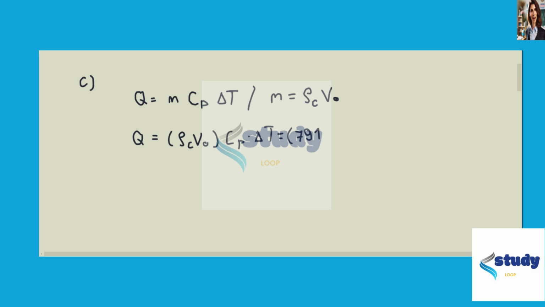So this will be 791 kilograms per meters cubed times 1.2 times 10 to the minus second power, and this is to the third, since this is for the volume V0.